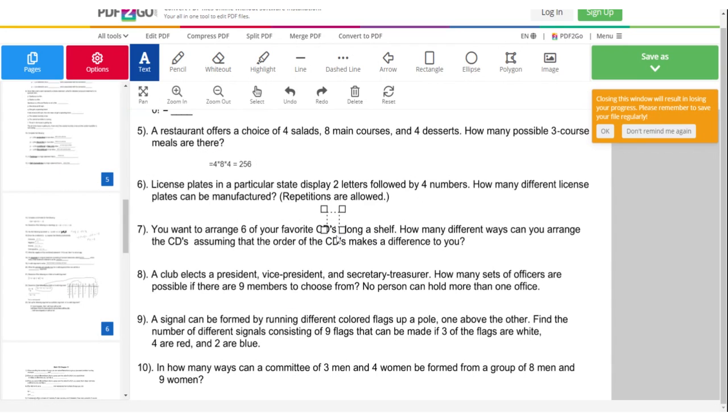All right. So permutations and combinations. Permutations are when order is important. Combinations is when it's not.